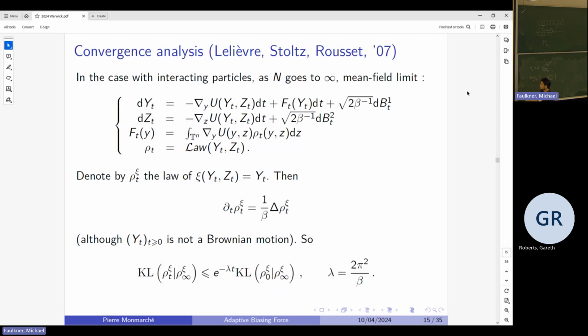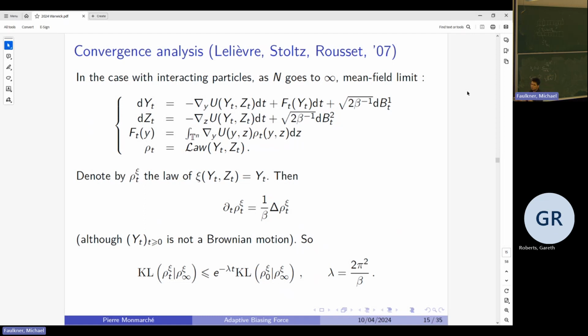So it goes fast to equilibrium, and that's, I would say, one of the motivations of ABF. This is the point about the marginal law of your process, even though you haven't converged to equilibrium. So there is this meaningful limit.